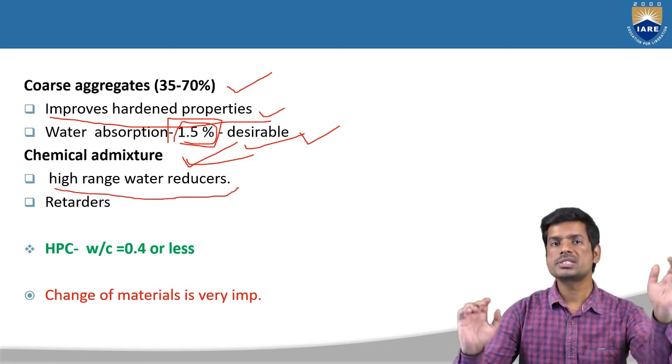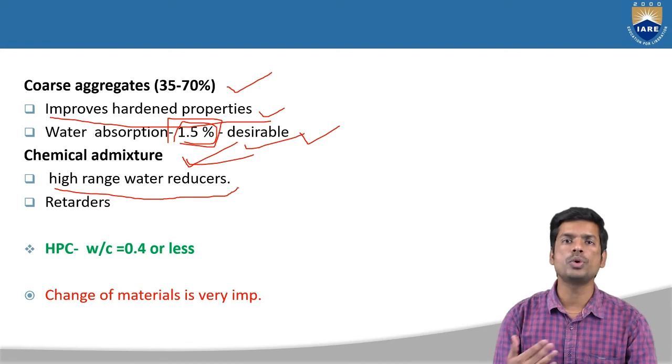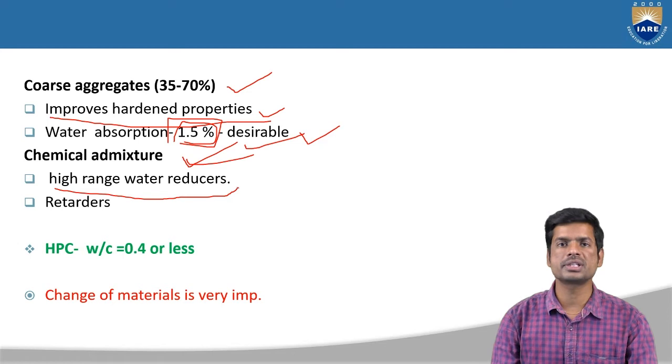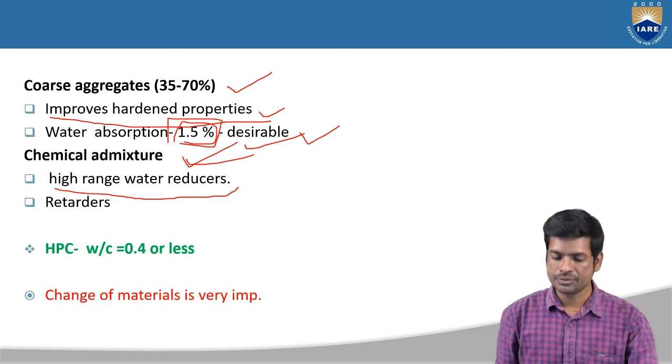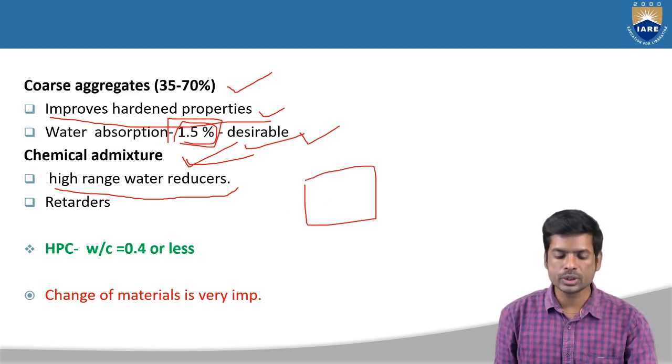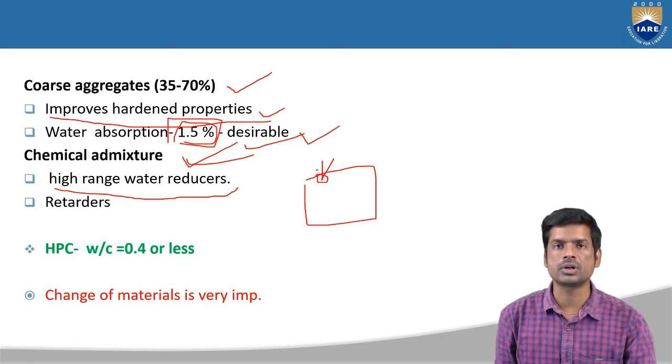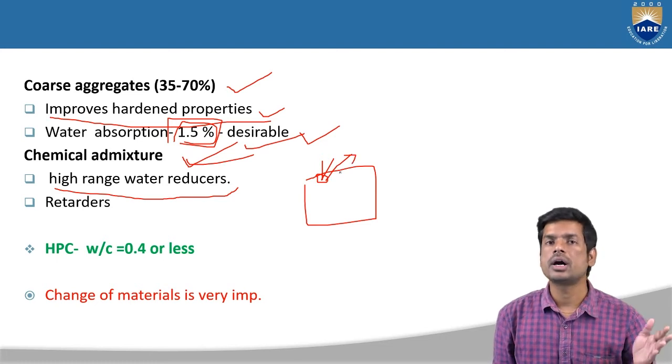If you add more water, it is going to affect the strength of the concrete, because this water will be evaporated during high temperatures. If the water is evaporated, it is going to form voids inside the concrete, and more voids are going to affect the strength of the concrete. That is why we reduce the water content in high performance concrete, to improve the strength.